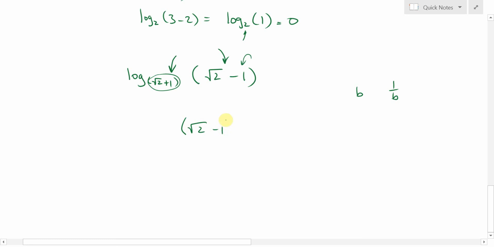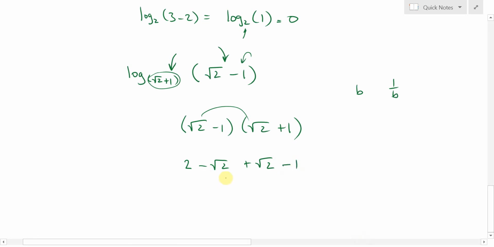Radical 2 minus 1 times radical 2 plus 1. And when you FOIL it out, what you'll get is 2 minus root 2 plus root 2 minus 1. This negative root 2 cancels with this positive root 2. This is just 2 minus 1, which is just 1. So the point is that if you multiply this guy by this guy, you get 1. This is the multiplicative inverse.